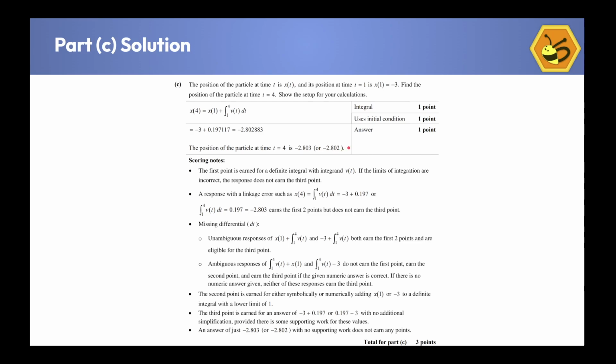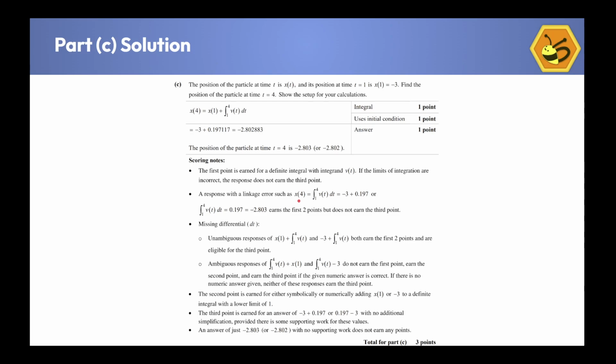If you made a mistake in rounding, that's okay, or if your calculator gives an inaccurate value. As usual, the first point is earned for a definite integral with integrand v(t). Even if the limits of integration are incorrect, you can still earn the first point, but your third point is gone.